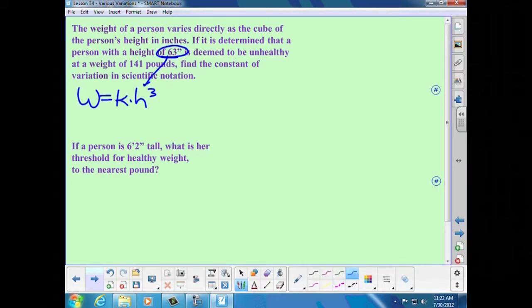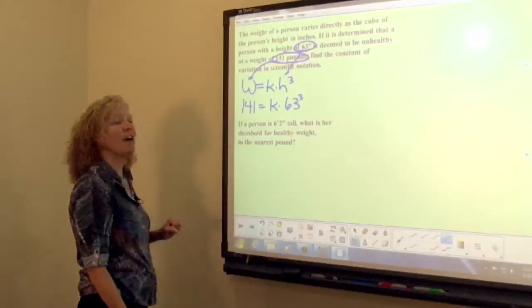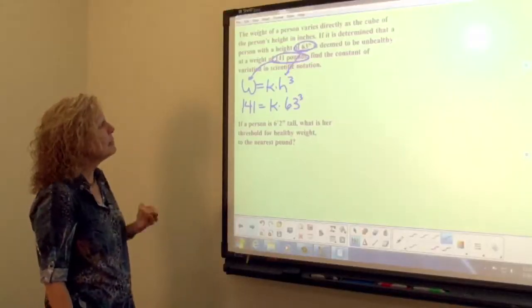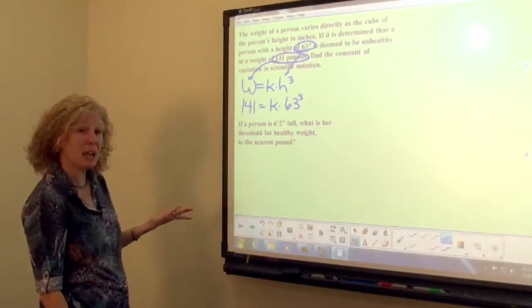I'm going to be in standard units, not in metric. This person is deemed, according to the government, to be unhealthy at a weight of 141 pounds. So we're going to put the 141 in for W, 63 in for the height. And now I can compute my K value.